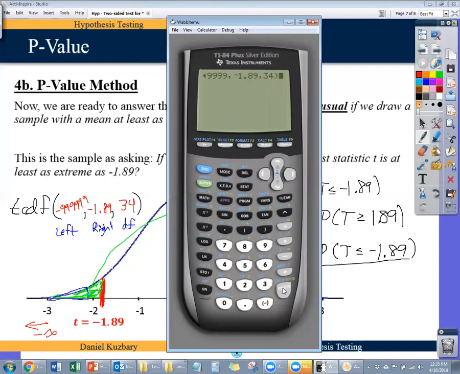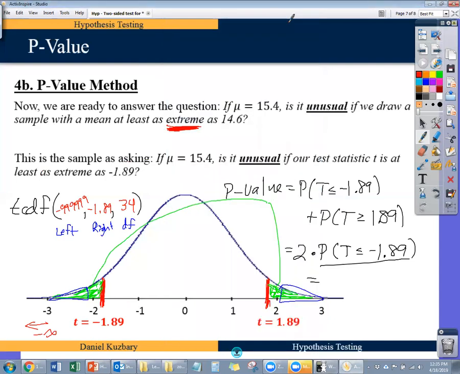And that'll give me the area of the left region. Now don't stop here, because remember, that's just the area of the left region. To get the area of the right region, let's take our answer and multiply it times 2. So the area of both regions put together is 0.0673.